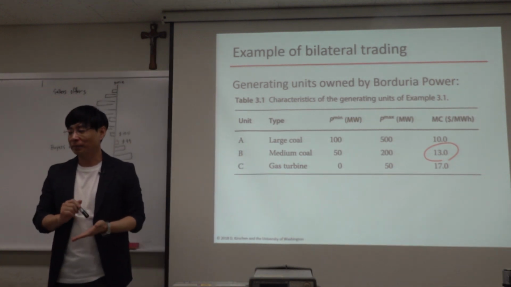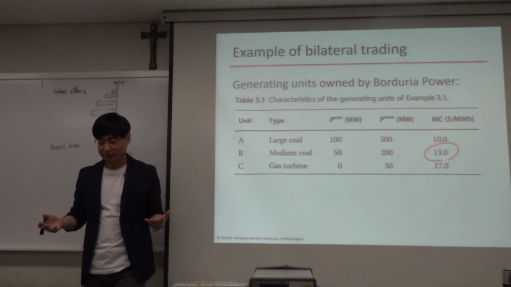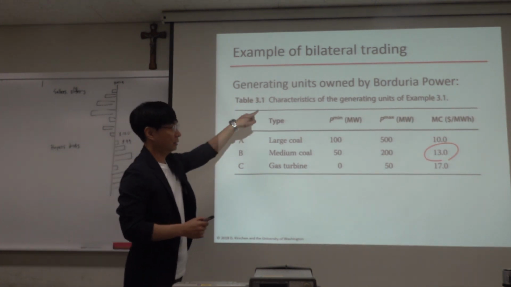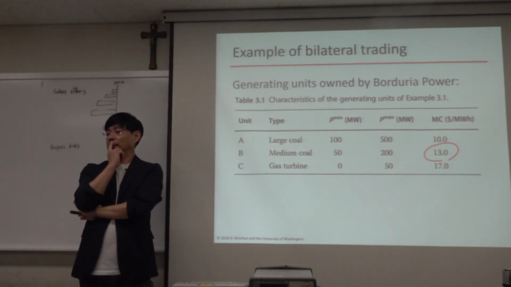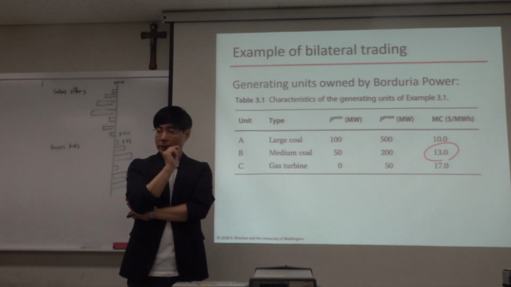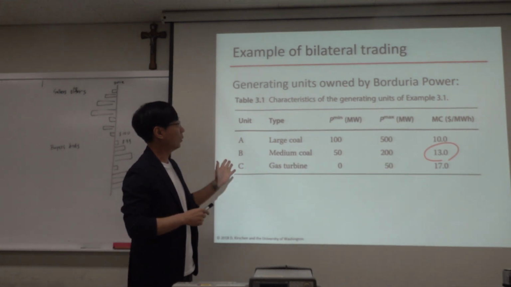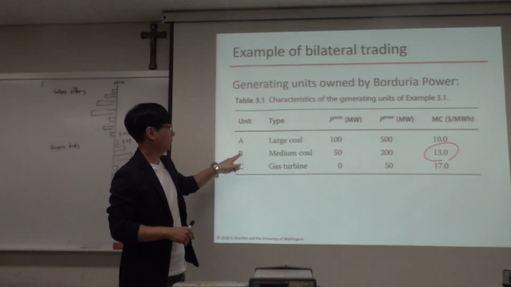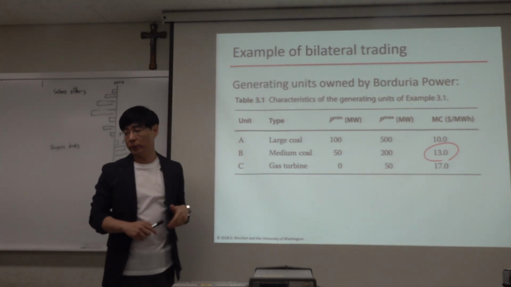Because Europe prefers bilateral trading, Bulgaria may exist somewhere in Europe. So Bulgaria Power is a power generation company. It wants to sell power, and Bulgaria Power has 3 types of generation unit: A, B, C. Unit means power generation unit.